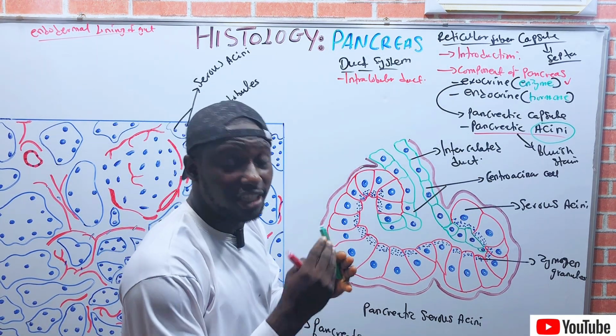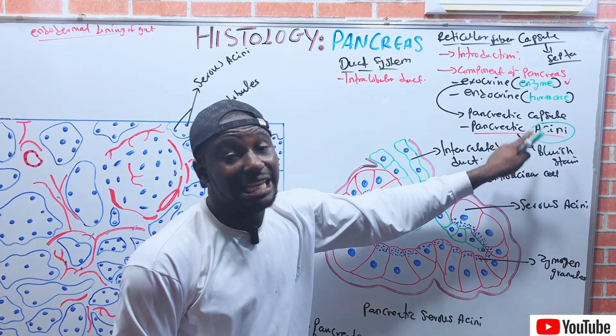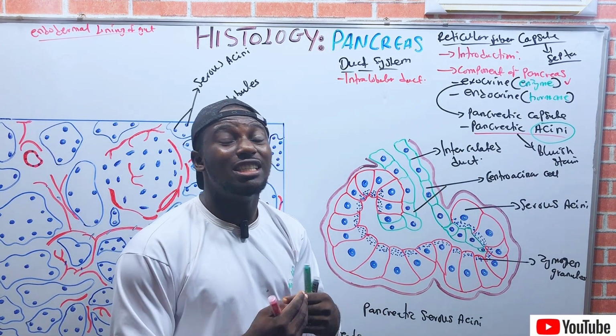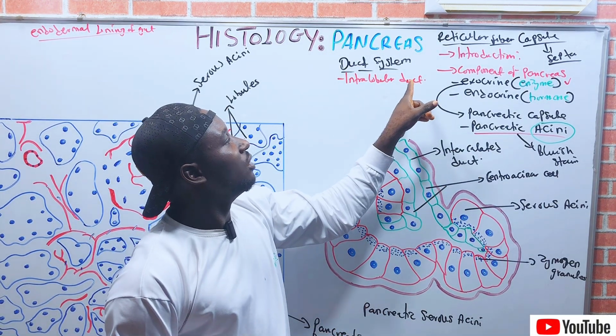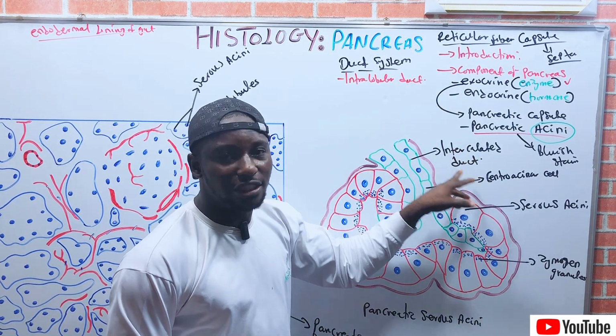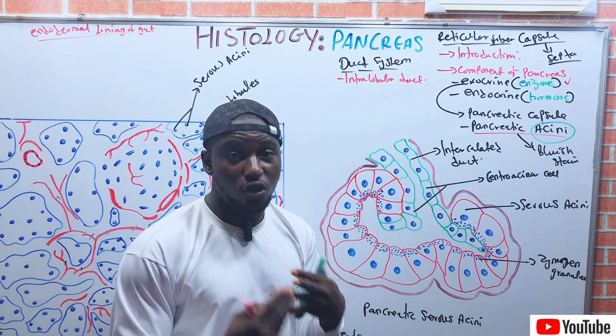The pancreatic secretion produced by the pancreatic acini, which is the pancreatic juice, first enters the intralobular duct or the intercalated duct, and it is a small duct compared to the other ones.